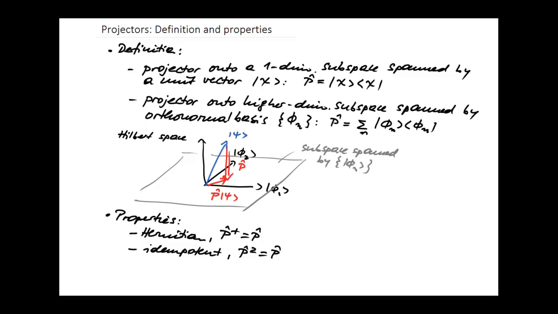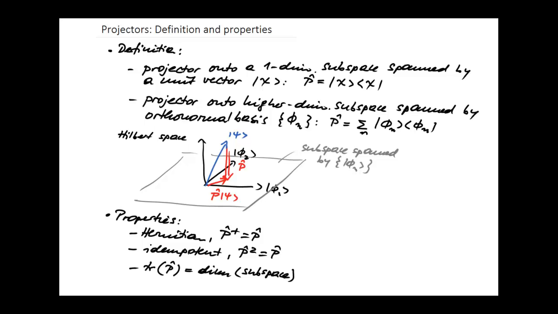When I project a vector onto a subspace, it's in the subspace, and then when I apply the projector again, nothing should happen because it's already in the subspace. And finally, the trace of the projector equals the dimension of the subspace onto which I project.